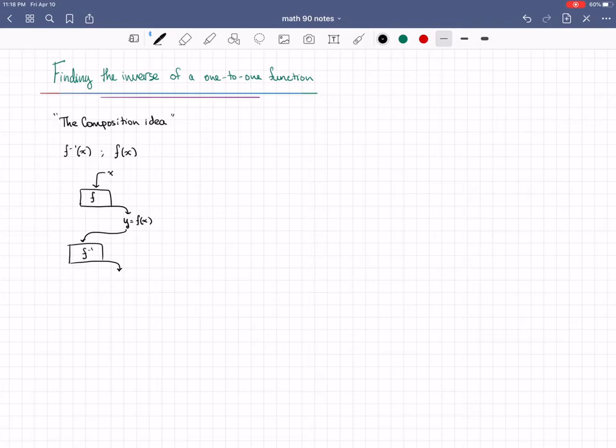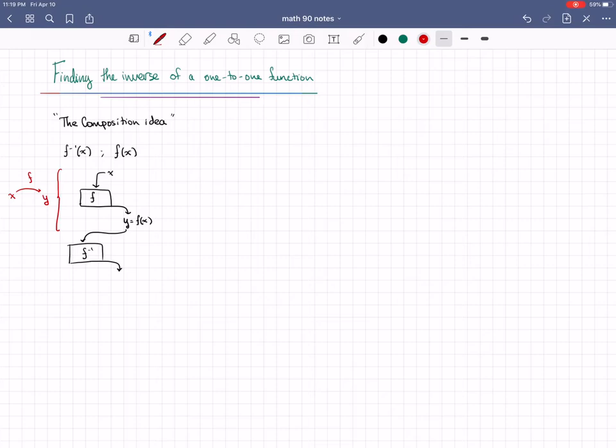Now, remember, I just want to keep us on track here. What this piece of the picture tells us is that f sends x to y. Well, what did we say before about the relationship between f and f inverse? If f sends x to y, then f inverse has to send y back to x.